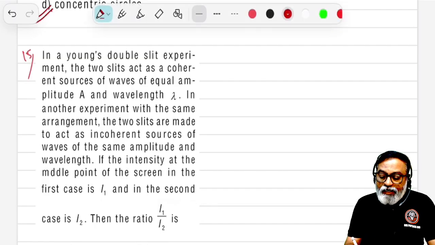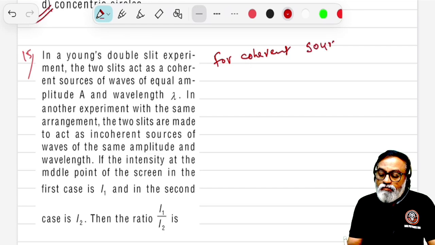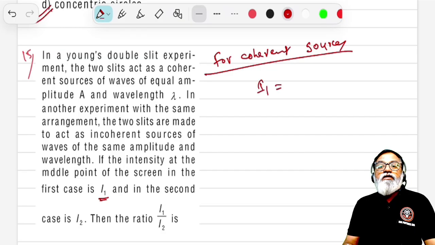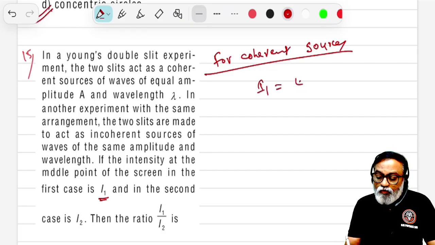So here for coherent sources, I1 at the center of the screen means a central maximum, I1 is equal to 4 I0.